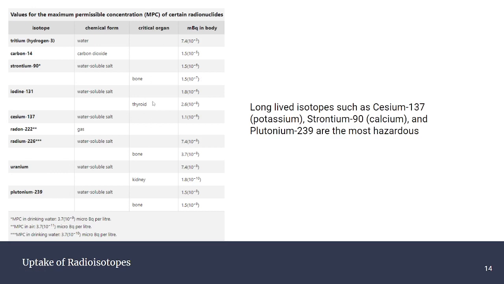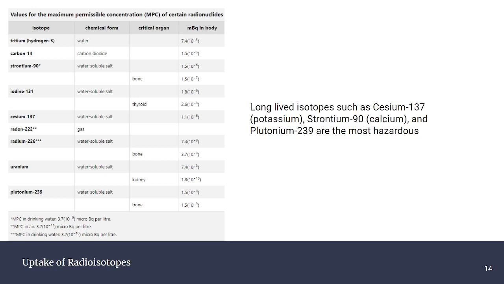Thyroid cancer is probably the most common that you can run into from radiation. Luckily, it is one of the easiest cancers to deal with. But in instances like Chernobyl, a lot of people died from thyroid cancer, specifically from this iodine 131 being released into the atmosphere.